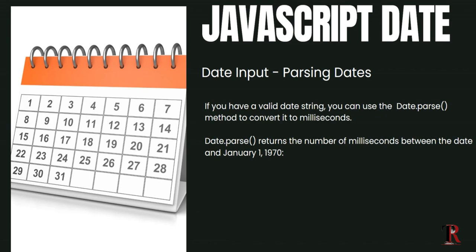It does not matter. JavaScript understands both and is smart enough to interpret it to give us the correct date and the correct output for such a new date object.